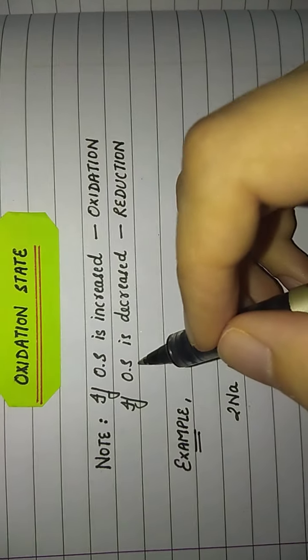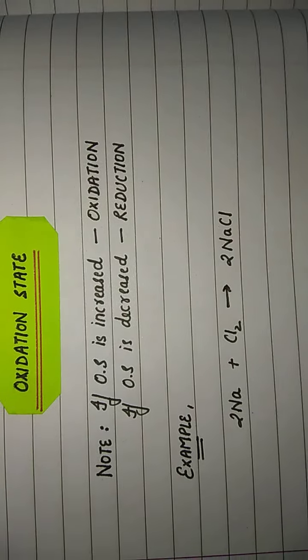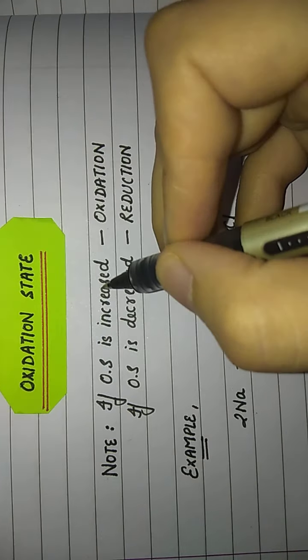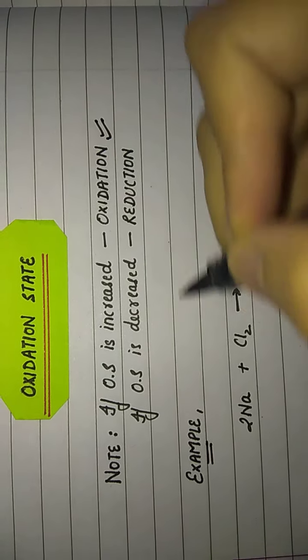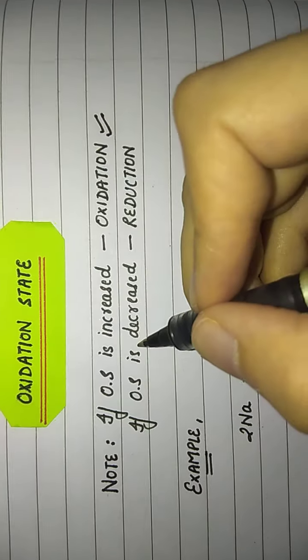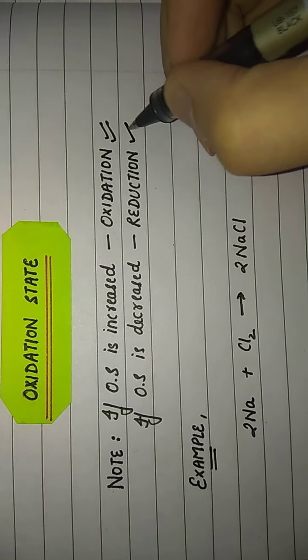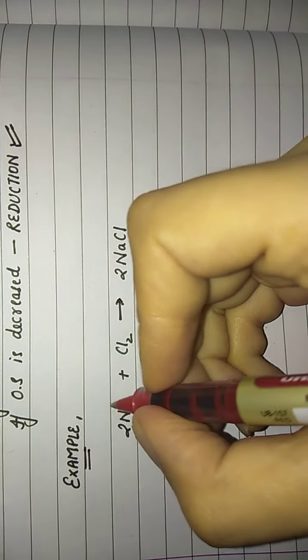Now in a chemical reaction, if the oxidation state of any element is increased, then it is said to be oxidized, and if the oxidation state of any element is decreased, it is said to be reduced. Let us understand this with the help of an example. In the formation of NaCl, sodium chloride, sodium is in its elemental, atomic form, so it will have an oxidation state of 0.